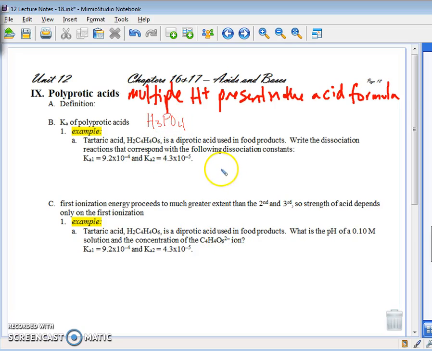Phosphoric acid. Yes, this is an example of a polyprotic acid. Give me another one that you should know. Sulfuric acid is a polyprotic acid. Correct. What else would be a polyprotic acid?